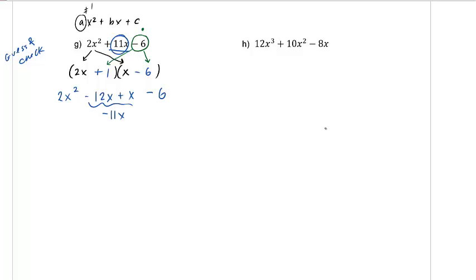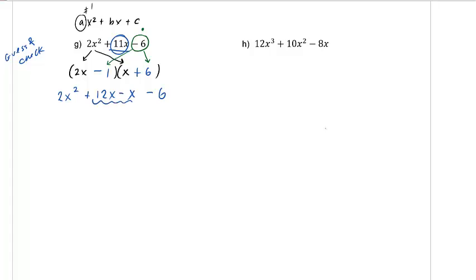So I'm going to switch the signs on these two. Instead of plus 1 and minus 6, I'll do minus 1 and plus 6, and then see what happens when I FOIL those out for my middle terms. So 2 times 6 is 12x, now that's positive, and negative 1 times 6x makes negative x.